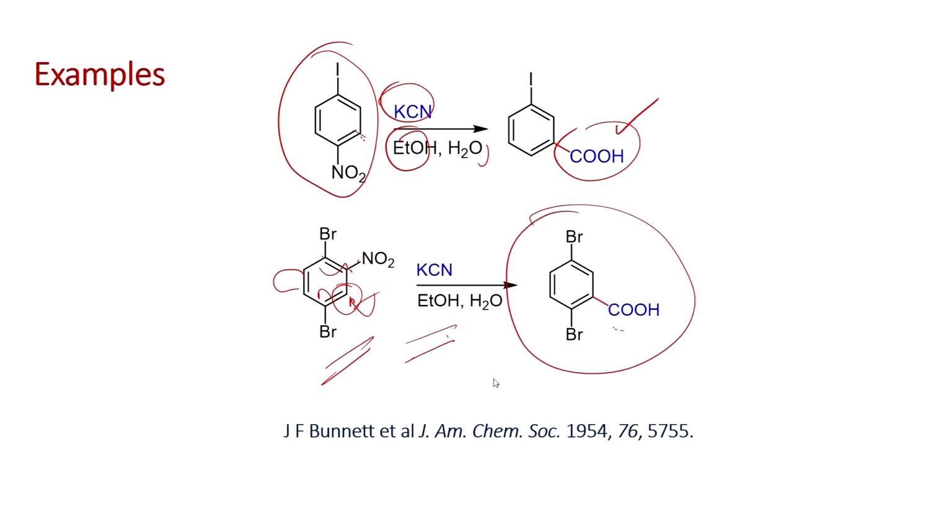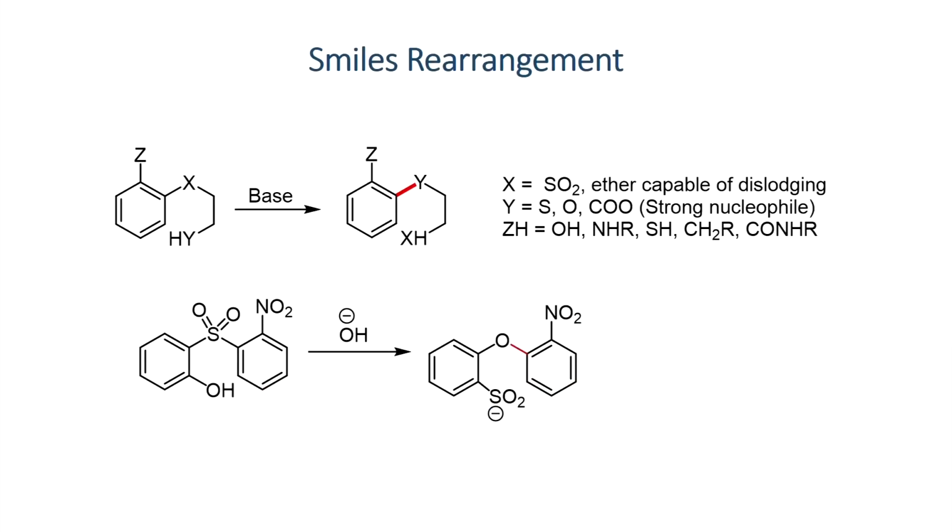This reaction was investigated around 1950, and the mechanism has been explored. Although this reaction is not considerably explored for synthetic utilities, it is a very interesting reaction with respect to the mechanistic aspects of nucleophilic substitution reaction.